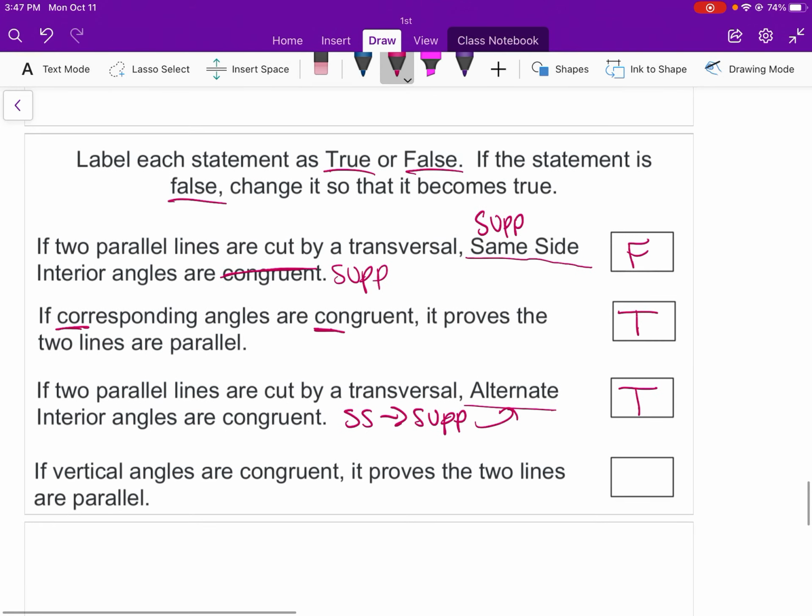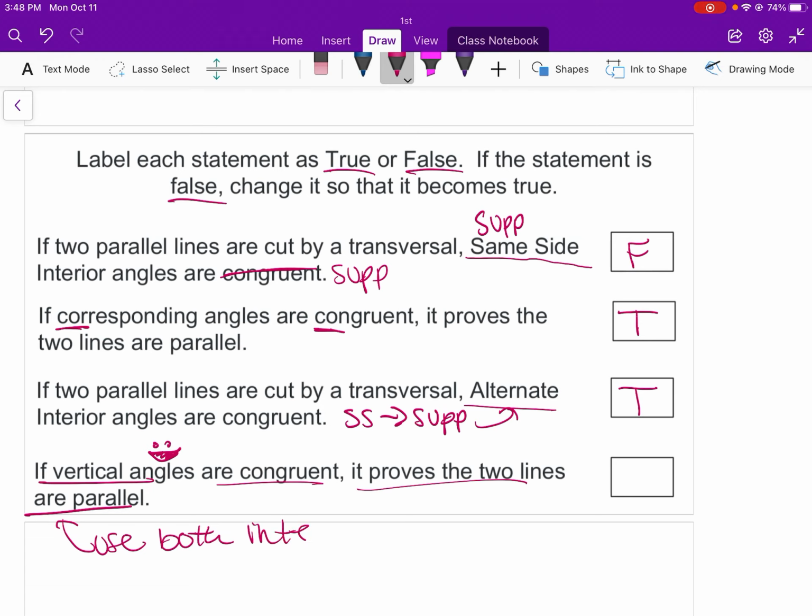So lastly, if vertical angles are congruent, it proves the two lines are parallel. While vertical angles are congruent, we're happy with that statement, okay? The thing is, it does not prove the two lines are parallel because it doesn't have any sort of relationship between the two intersections. To prove the lines are parallel, it has to use both intersections.